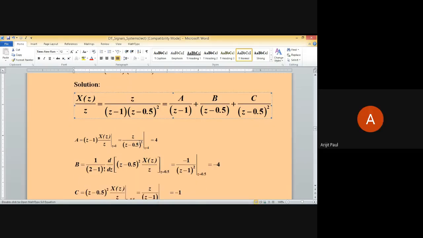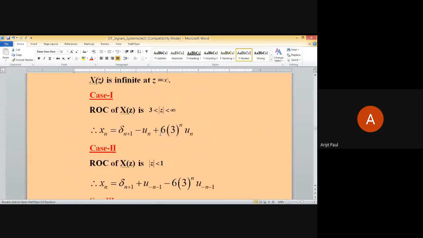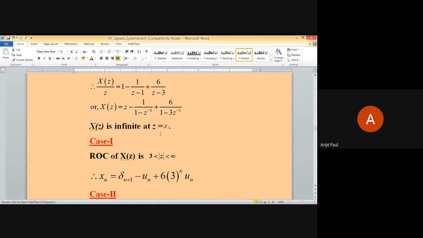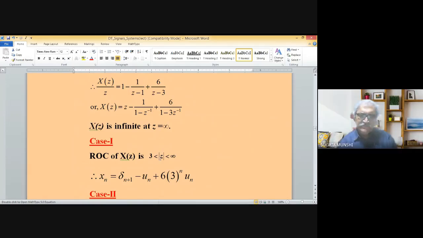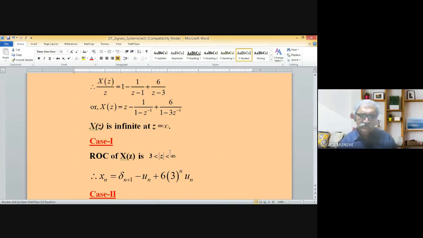Sir, in the above example, in case 1, this is a two-sided signal, so the ROC should be a ring, but here in case 1, the ROC is ring shaped. That's why it's greater than 3, less than infinity. It is not purely causal.